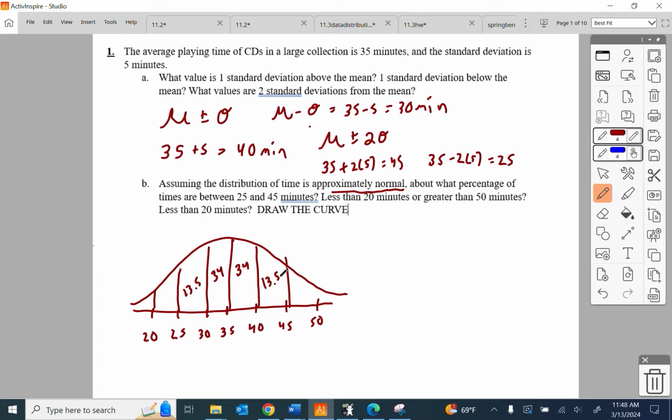That seems right. 2.35, 99.7. Yeah, 2.35. Took me a minute there. A little slow today. And then the tail at the end is 0.15.